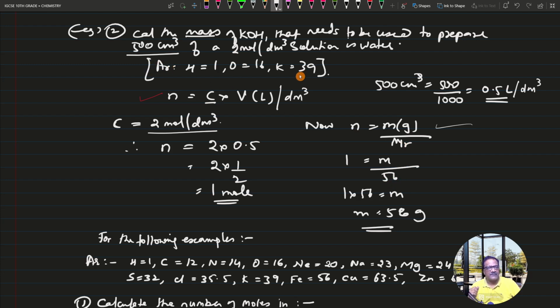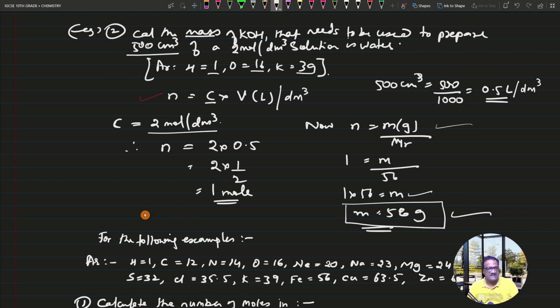That you can get from here, 39 for K plus O plus H. So 39 plus 17 works out to 56. So 1 into 56 will give you the mass of KOH. So 56 gram is the mass of KOH that is required. Okay. So this particular question has been solved.